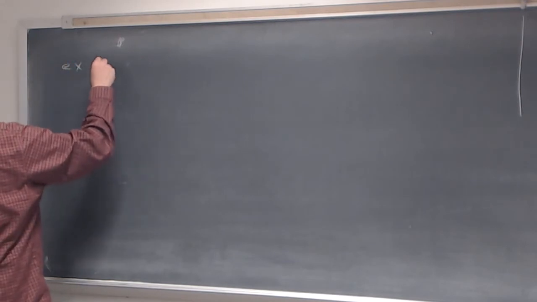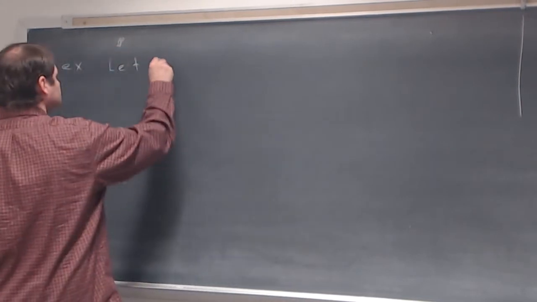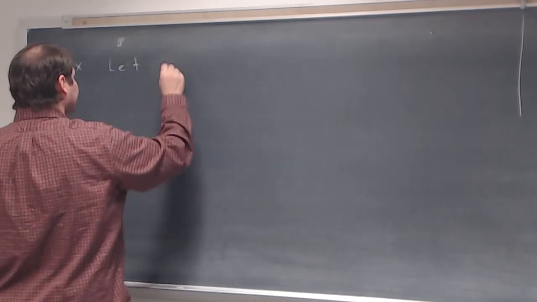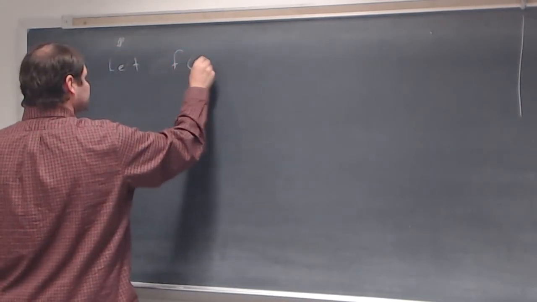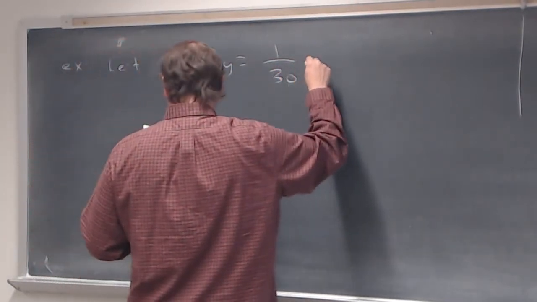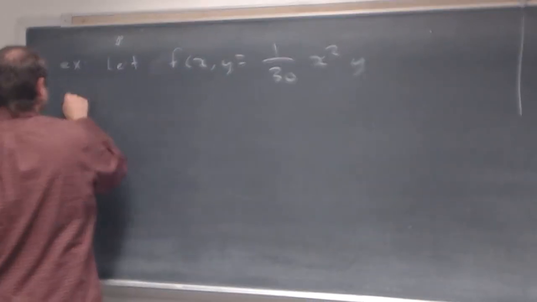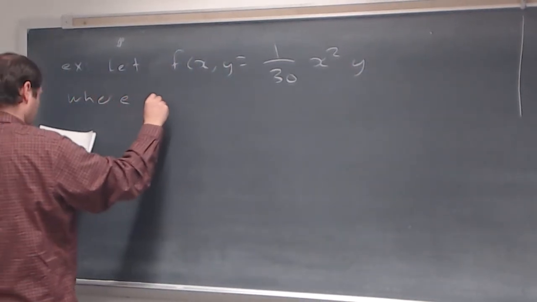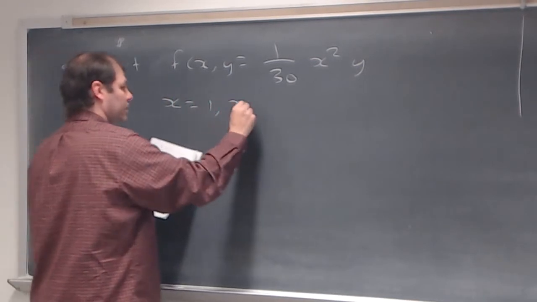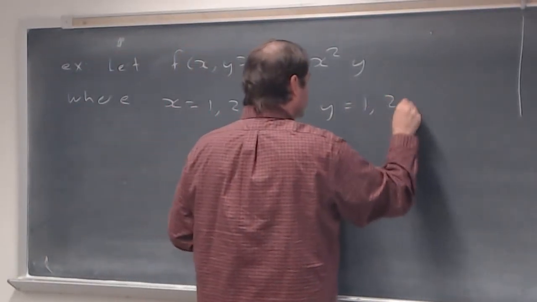So here's the examples I'm going to look at. Let f of x comma y be equal to 1 over 30 x squared y, where x can be equal to 1 or 2, and y can be equal to 1, 2, or 3.